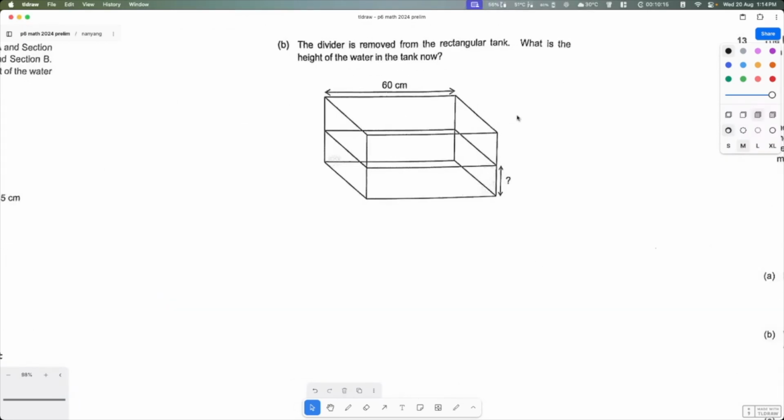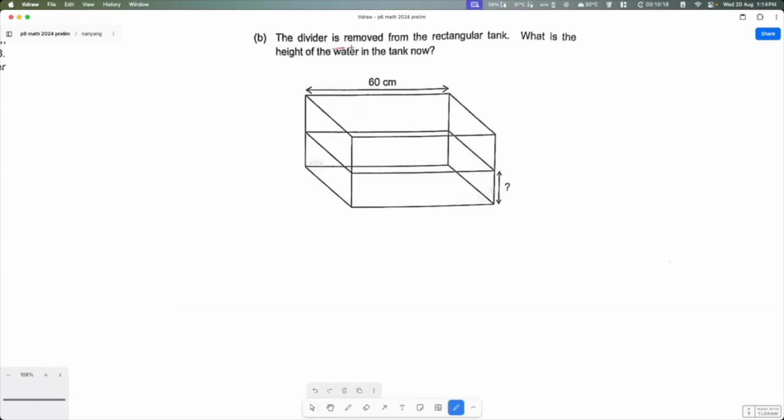For part B, the divider is removed from the tank. What is the height of the water?